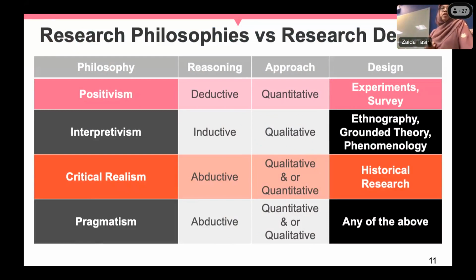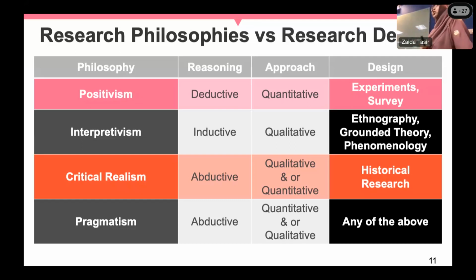If you focus on positivist, of course, your reasoning method is more deductive. You already have the theory, you apply the theory in your approach or in your lesson, in your strategy, then you test the theory. Then, of course, you focus on quantitative, and the design that you might focus on is experimental research or survey research.